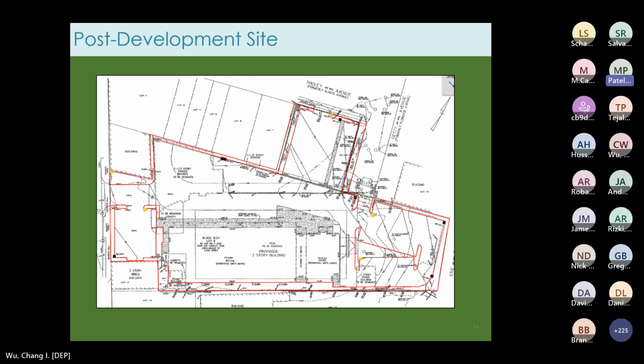So the local SCO states that to be considered a major development, it either has to disturb an acre or more of land or create a quarter acre of impervious surface. The project does meet the 1 acre or more of land disturbance condition and will therefore still be considered a major development, even though it's not going to create more than a quarter acre of impervious surface. Next slide.